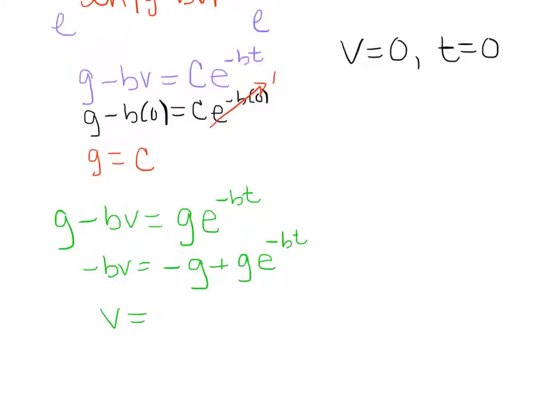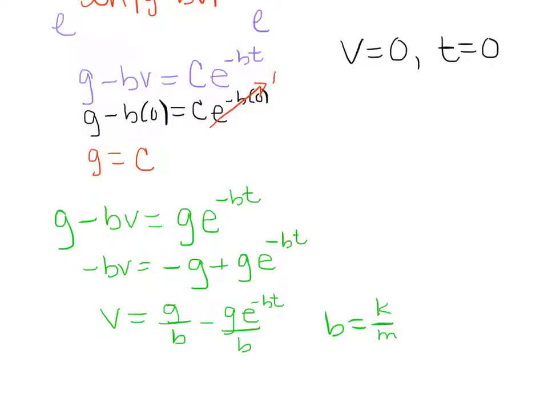Then I end up with v equals g divided by b, and then I have a positive g e to the negative bt divided by a negative b, so this becomes minus g e to the negative bt divided by b. And I know that b, we said, was really equal to k divided by m.